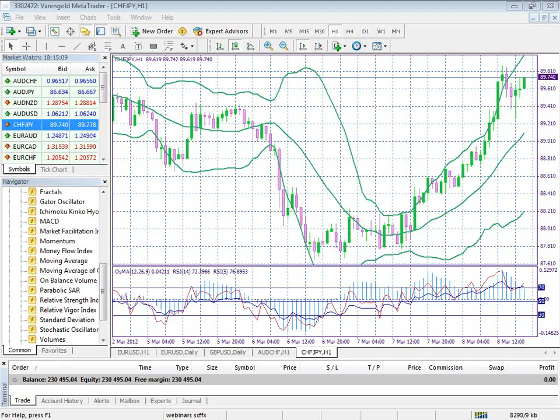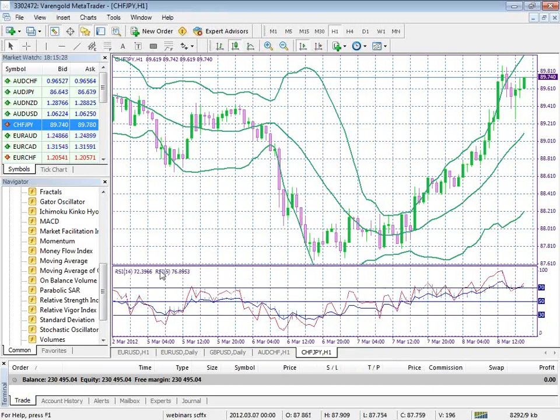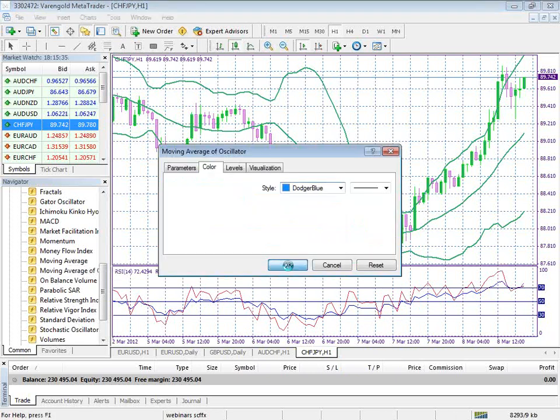Why should RSI and oscillator of moving average be in the same area? Because I want to have more space to see the bars. You can put them in separate windows. It's not a problem. I will delete those crosses and I will put moving average.